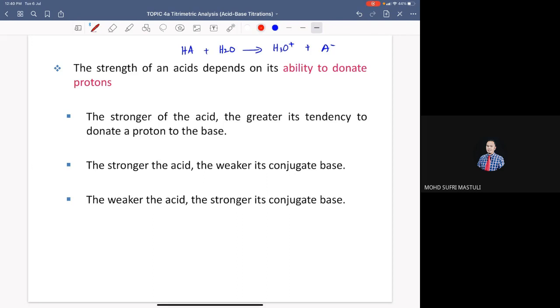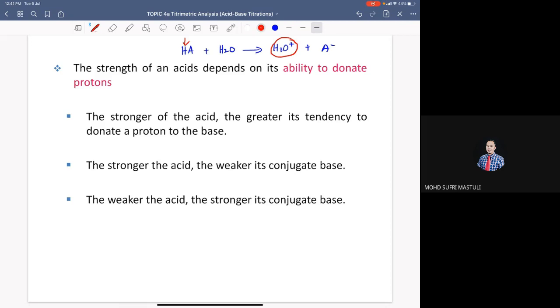So this is the hydroxyl ion. The strength of the acid depends on the ability to donate this proton. So the stronger the acid, the greater the tendency to donate the proton to the base. The stronger the acid, the weaker the conjugate base.